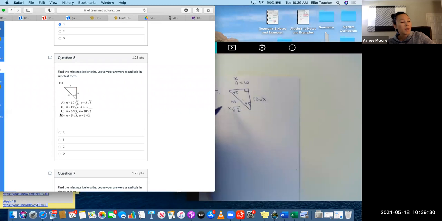And for M, this side is x times the square root of 2, and x is 10. So M would equal 10 times the square root of 2. So M is 10 times the square root of 2 and N is 10.